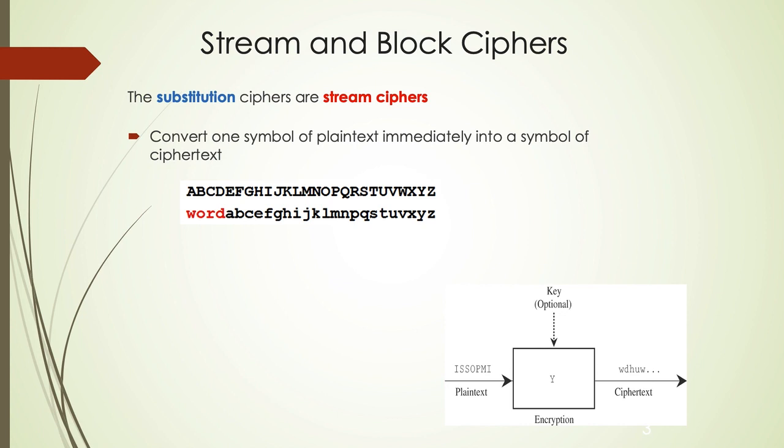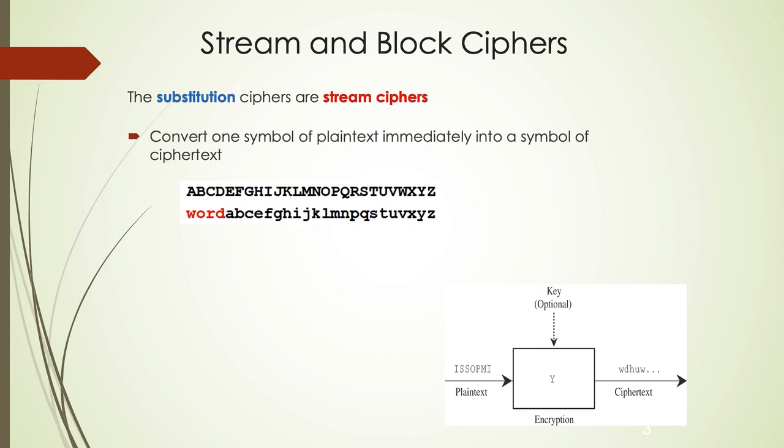I talked about two different types of encryption algorithms. There are two types of ciphers as well, so stream and block ciphers. The substitution ciphers are stream ciphers. That is, they convert a single symbol at a time. For each symbol they convert that symbol or character into something else, and just keep on going, like a stream.